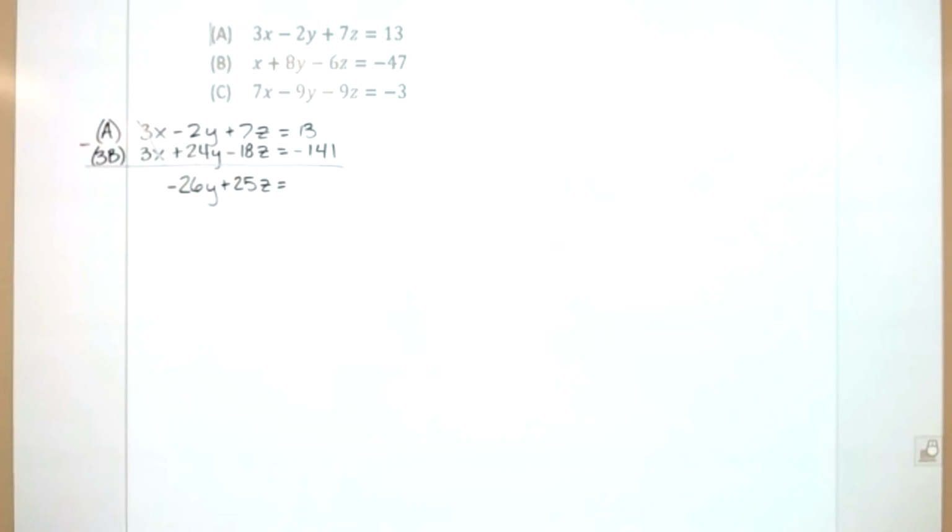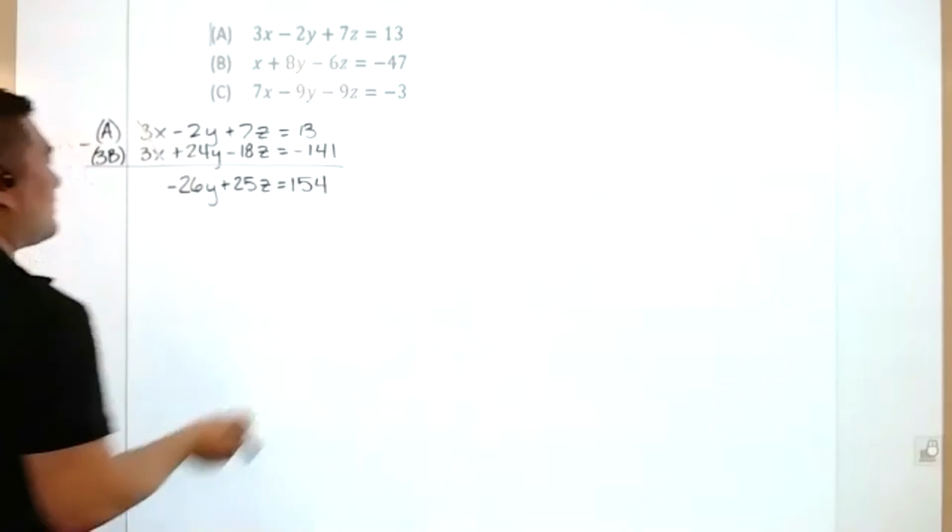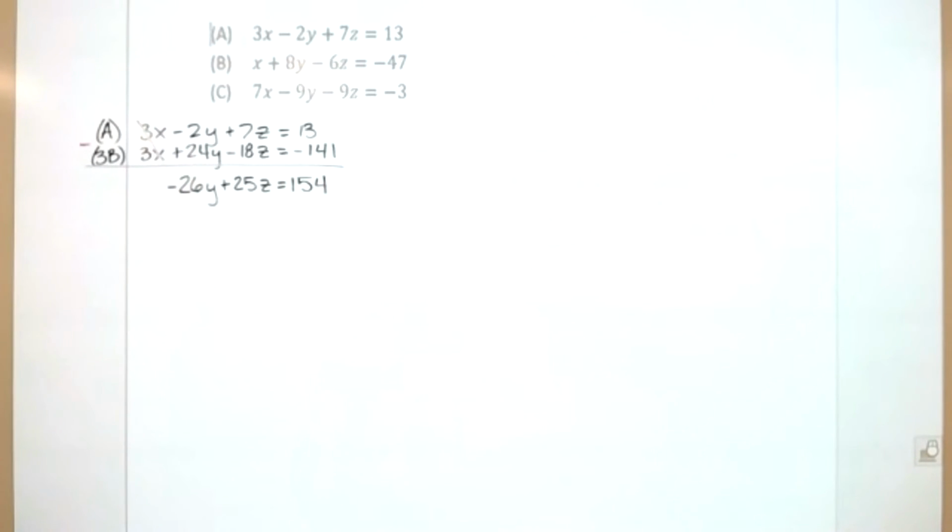And then 13 minus negative 141 is 154. I've created a new equation. I've got equations A, B, and C, so I'm going to label this equation D.